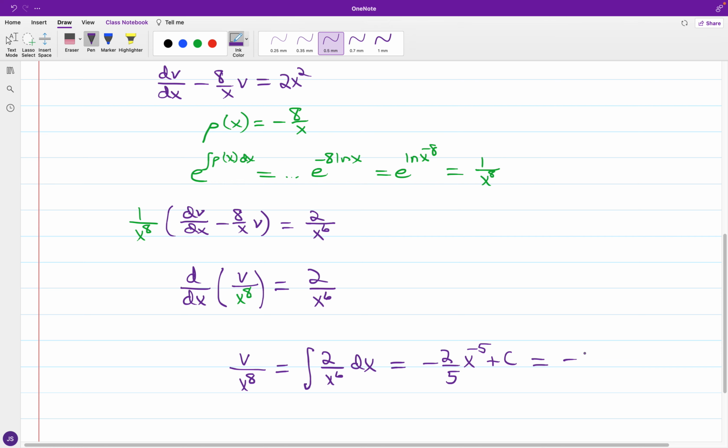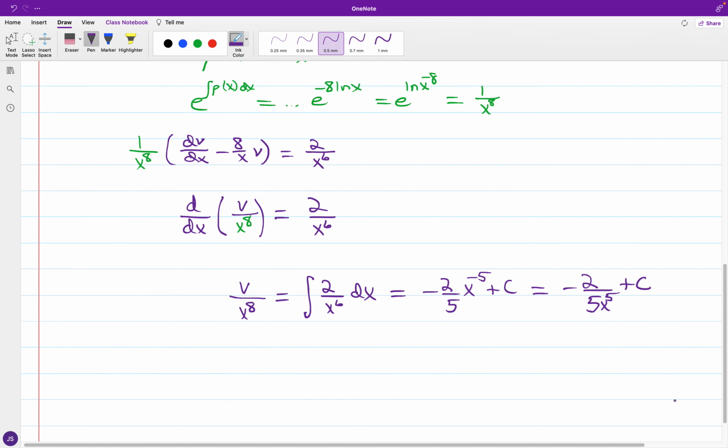By then you can just write this as negative 2 over 5 times x to the 5th plus c. Getting v by itself, multiplying by x to the 8th, we're going to have negative 2/5 of x to the 3rd plus c times x to the 8th.